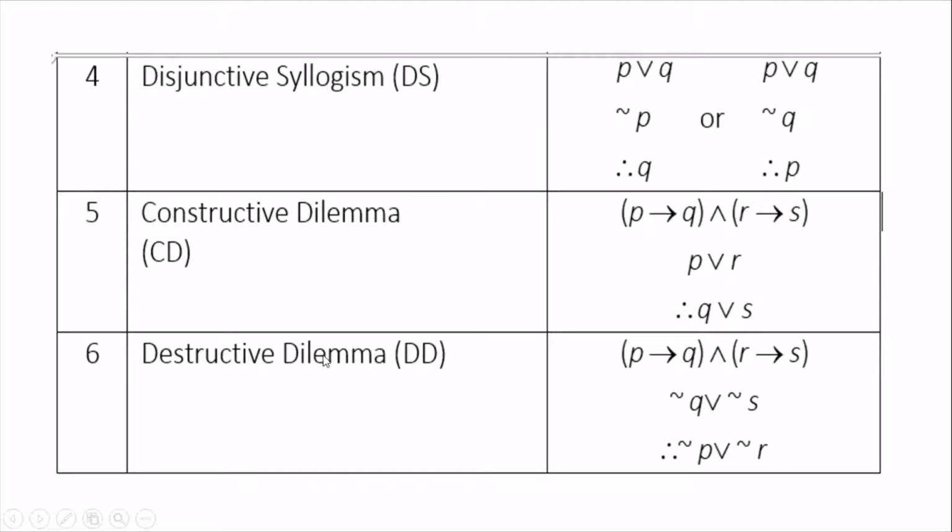The fourth rule is what we call the disjunctive syllogism. As you notice here, we have two forms. From the word disjunctive, it is understood that it is a disjunction.